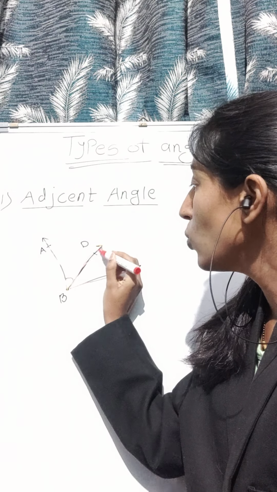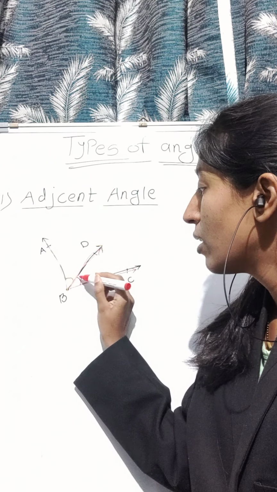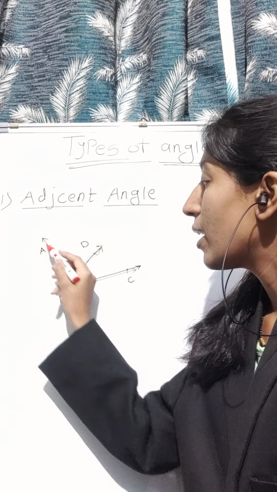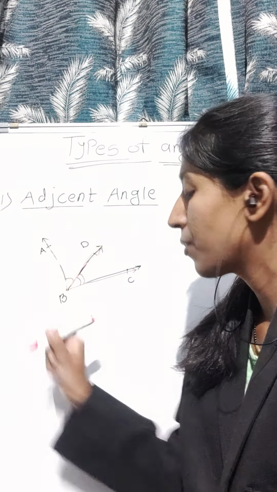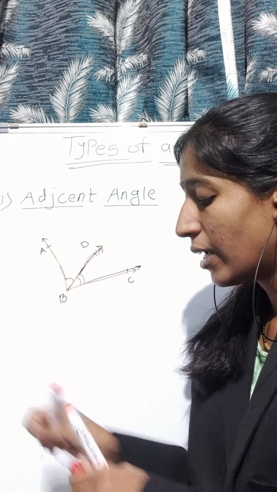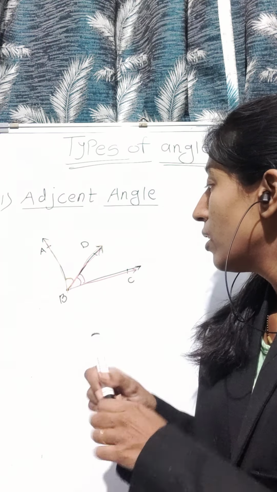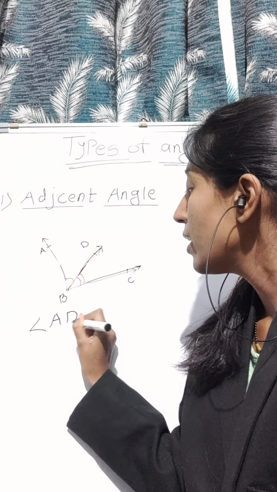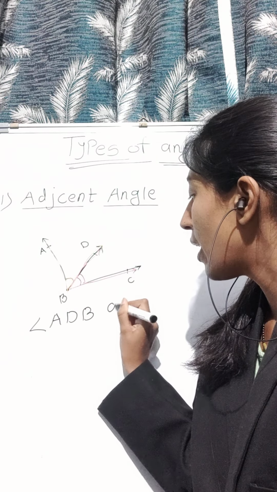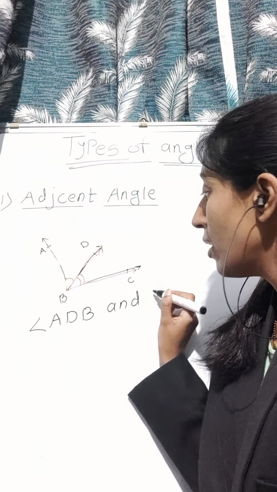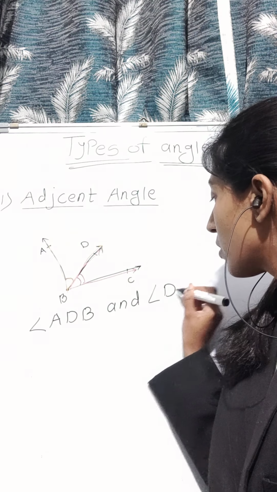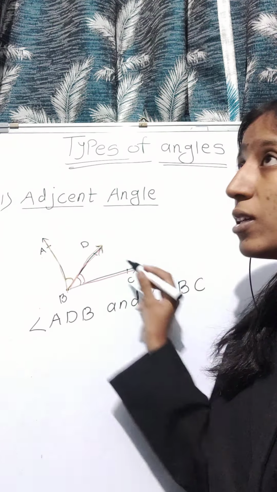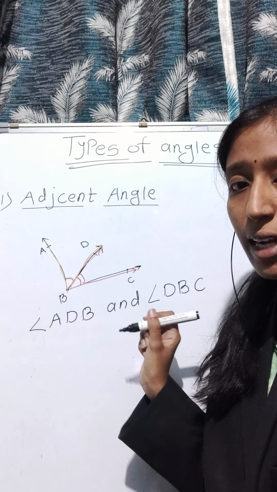So these are the two adjacent angles. How can we say angle ADB? See here, angle ADB and angle DBC. These are the two adjacent angles.